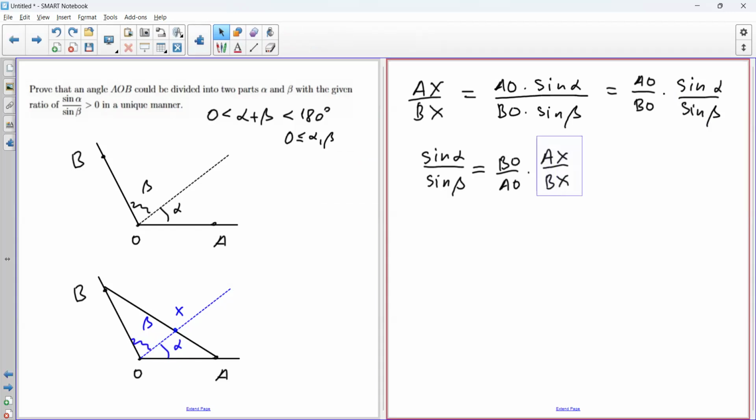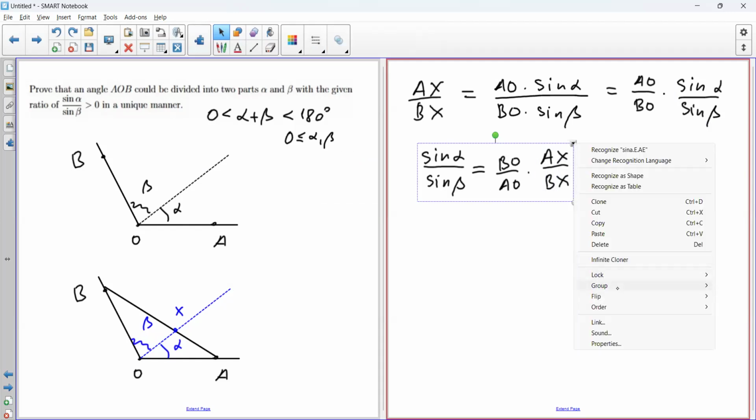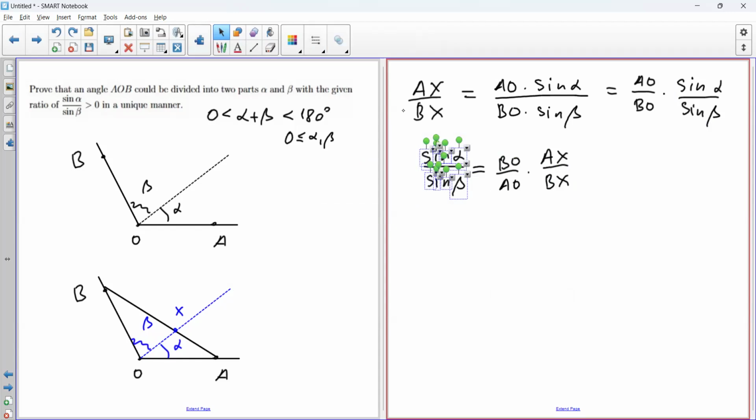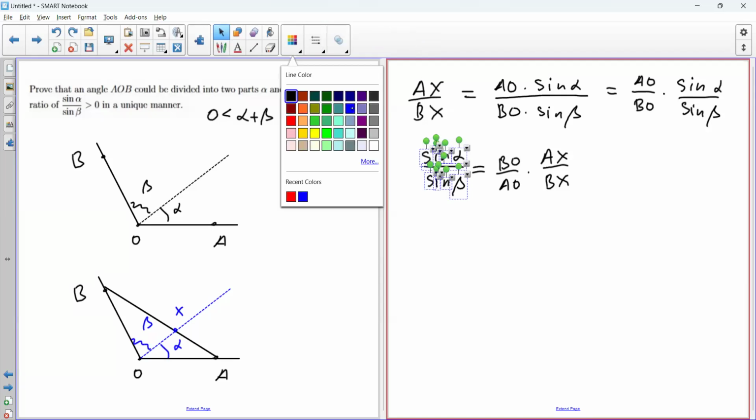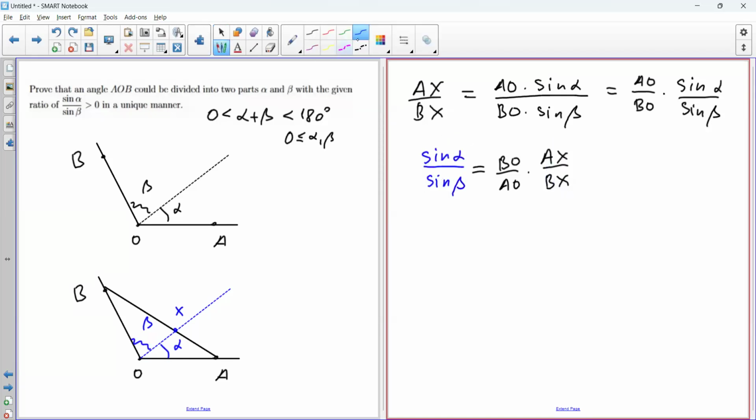So these change on this side, these change on this side, so we can just see that if we define uniquely this ratio, and of course if the sum of the angles alpha plus beta is defined and fixed, then we have that AX over BX is also defined and fixed.